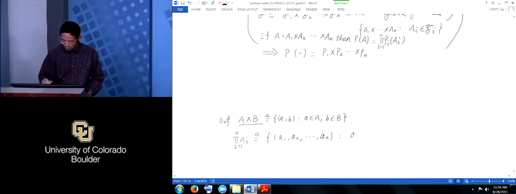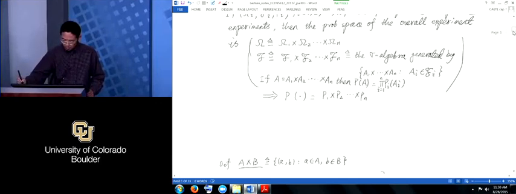An n-dimensional vector, and each element is from the corresponding set. So essentially, I'm using a vector of outcomes to represent the overall experiment outcome. Does that make sense? That's the right choice for combining experiments, right?